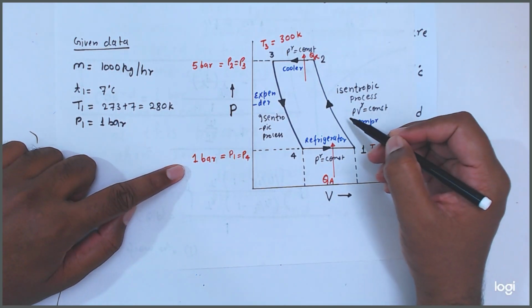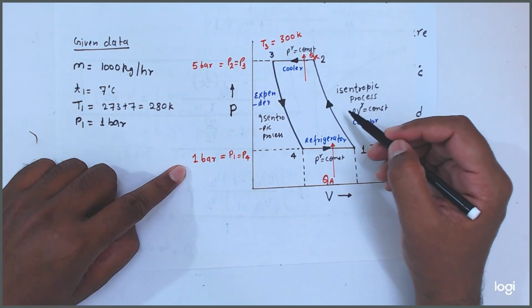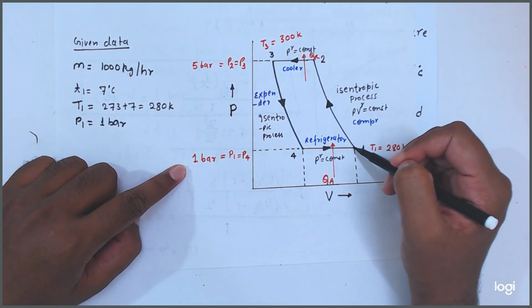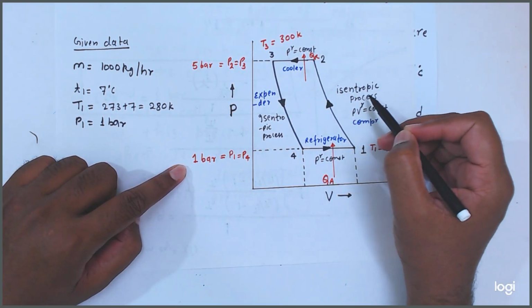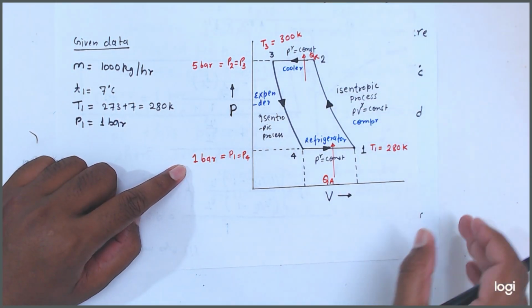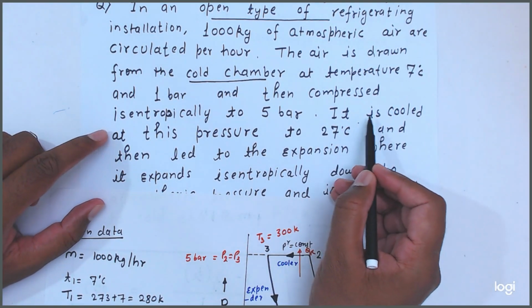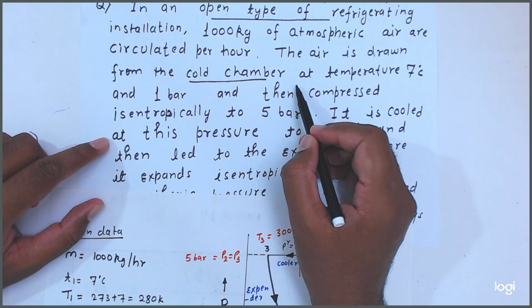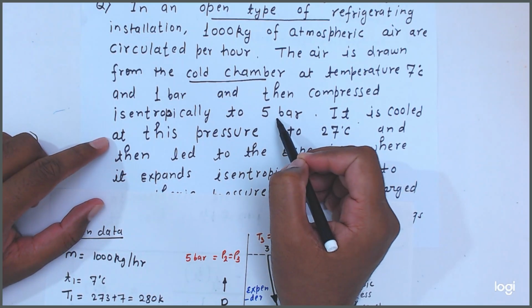Now what it is saying is that this air is compressed isentropically to pressure P2, then compressed isentropically to 5 bar.